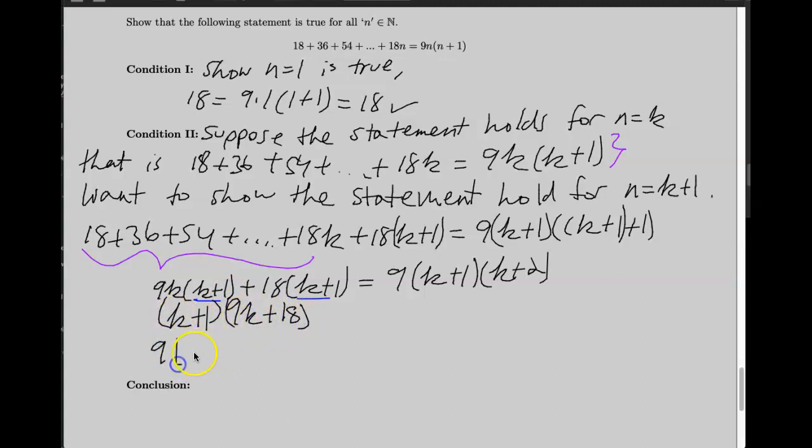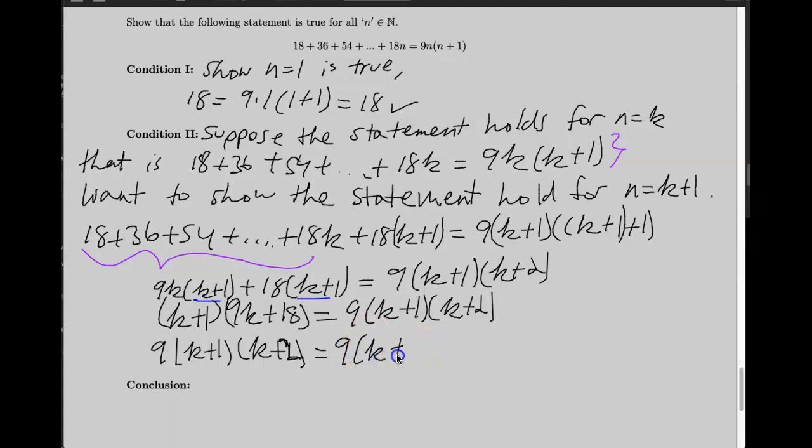So 9 times k plus 1 times k plus 2. And I just got a little lazy here. I stopped writing this. And now we've officially shown that these are the same thing on the left and right.